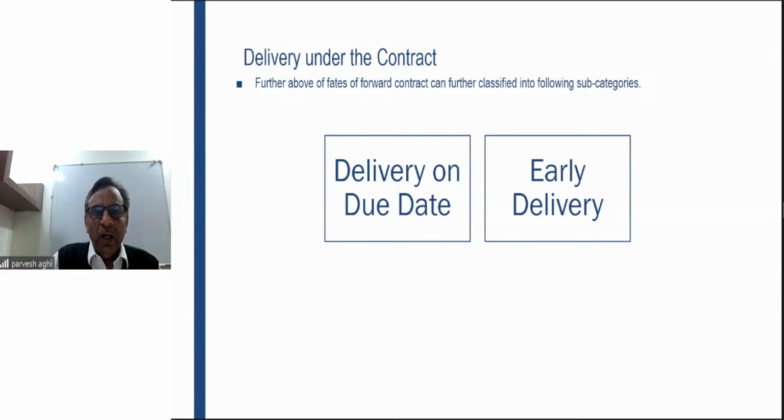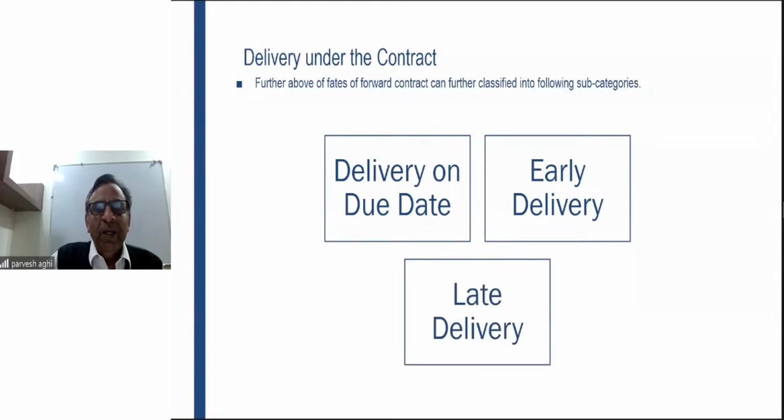So there can be an early delivery of our remittance from outside. Then there can be a late delivery also, which means that when we are exporting, our customer will take some more time than what was originally envisaged. But we have taken a forward cover for that date, so we may need to make some changes with the bank. That is called late delivery.